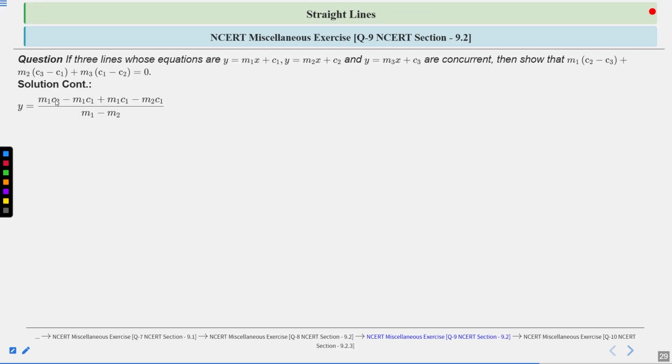It implies y = (m1c2 - m1c1 + m1c1 - m2c1)/(m1 - m2), where we add and subtract m1c1 in the numerator. Therefore ((c2 - c1)/(m1 - m2), (m1c2 - m2c1)/(m1 - m2)) is the point of intersection of lines 1 and 2.